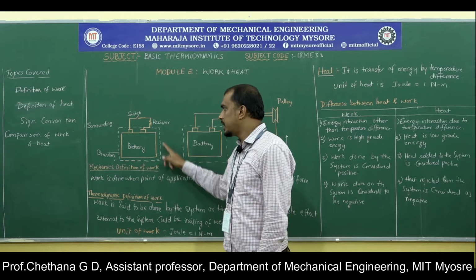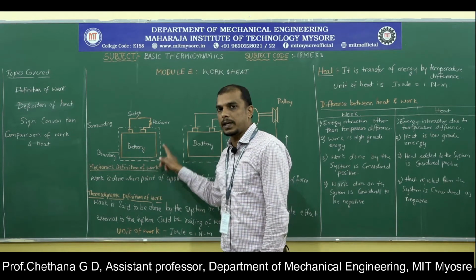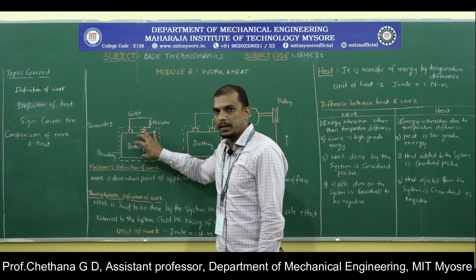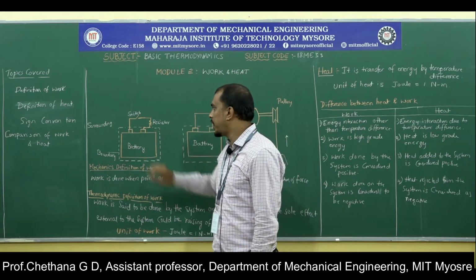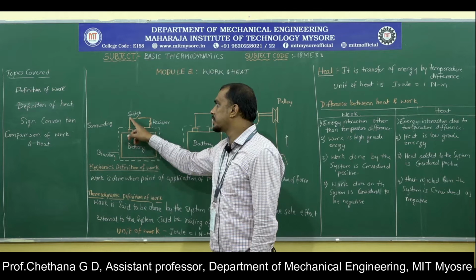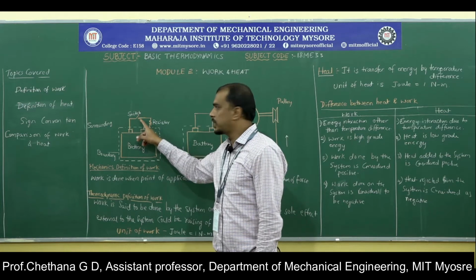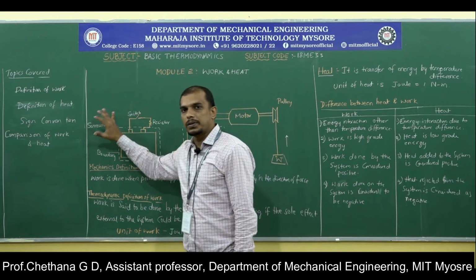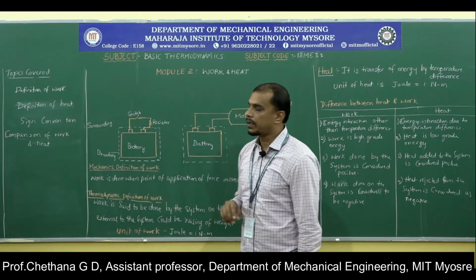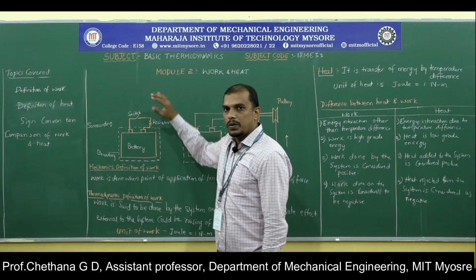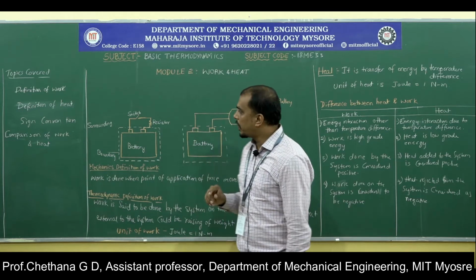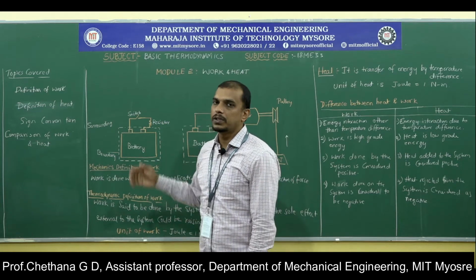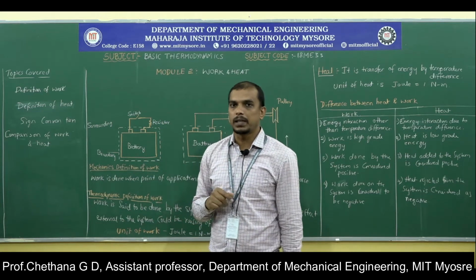This boundary, the dotted line, indicates the system boundary, and the system which we are considering is the battery, then a switch and a resistor. Everything external to the system we call the surrounding. If you close the switch, what will happen? The resistor gets heated up by consuming the energy from the battery.